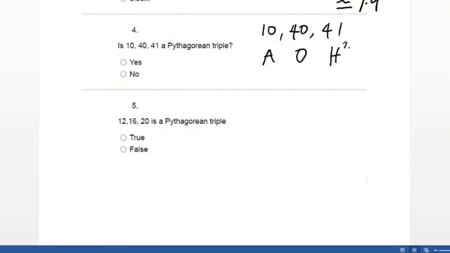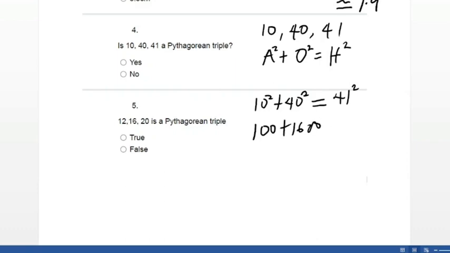So the square of this must be equal to the sum of the squares of the other two. So we are saying 10 squared plus 40 squared must be equal to 41 squared. We want to check if it's going to be correct. So 10 squared is 100, and 40 squared is 1,600. So this will give us 1,700.